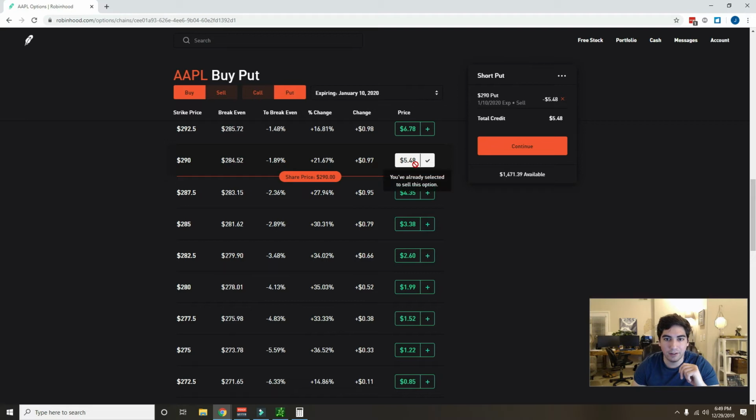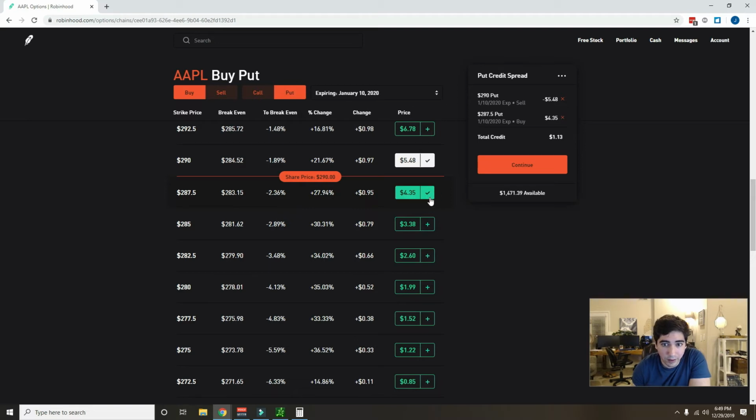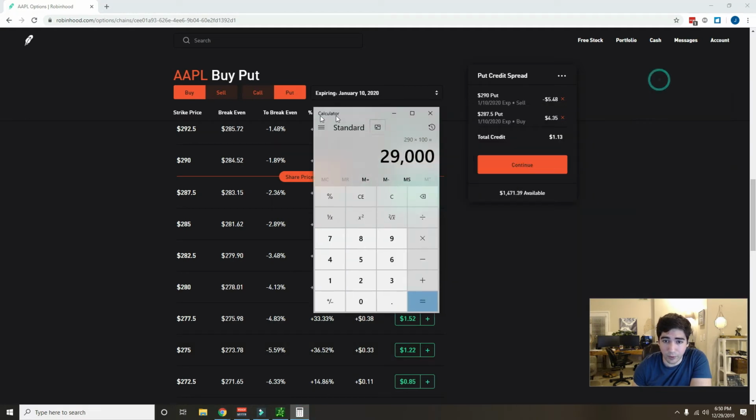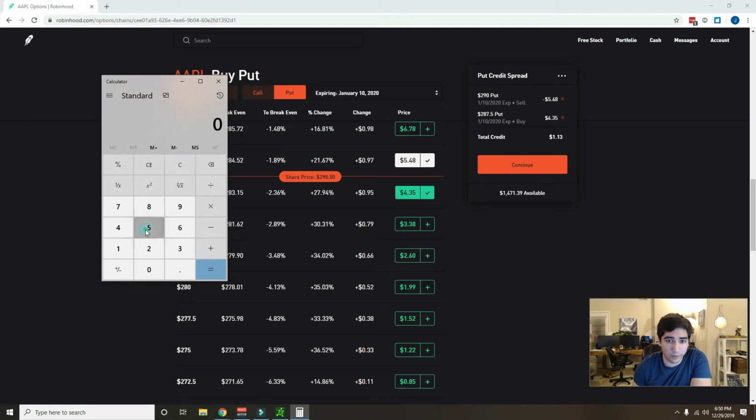So instead of getting this $5.48 per share, $548 total, I'm getting what's in between these two prices. If we just go 5.48 minus 4.35, that's $1.13.